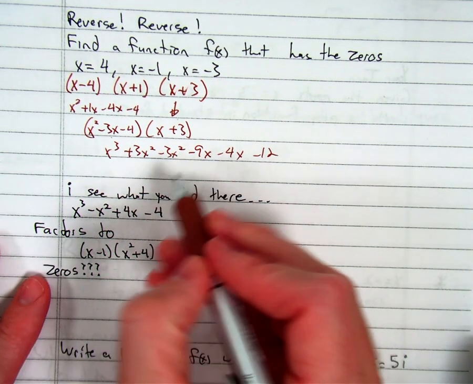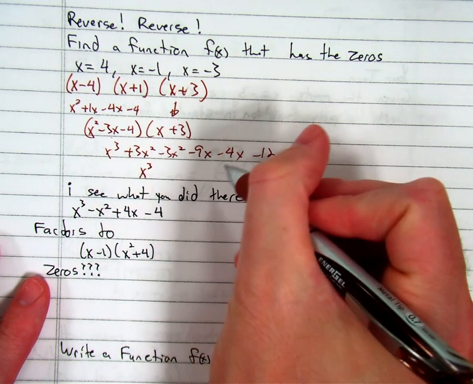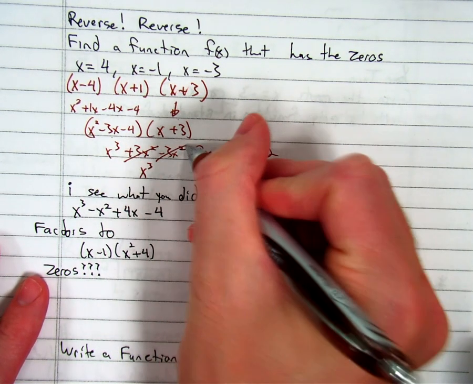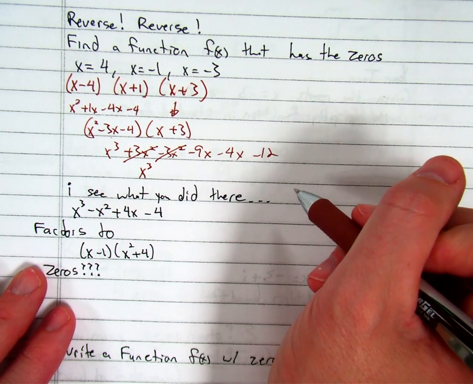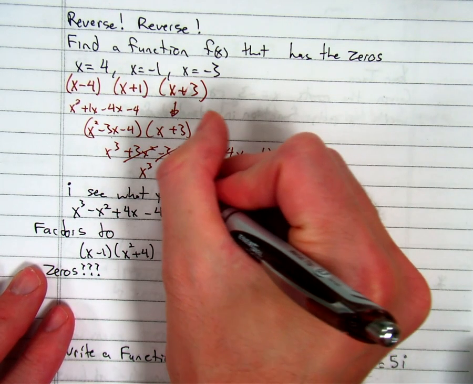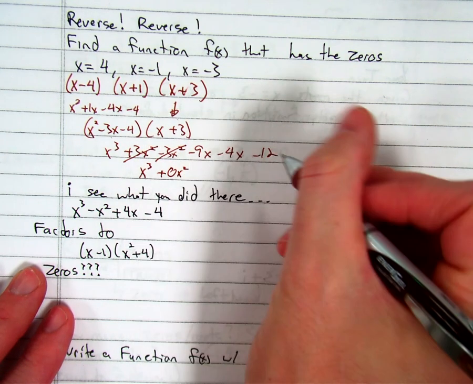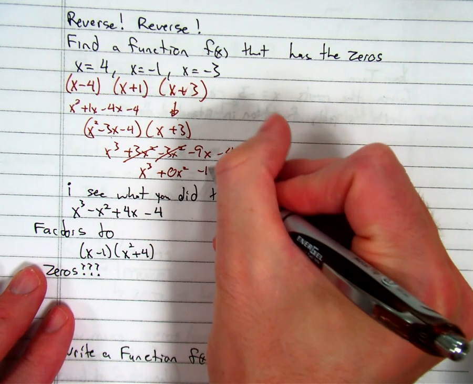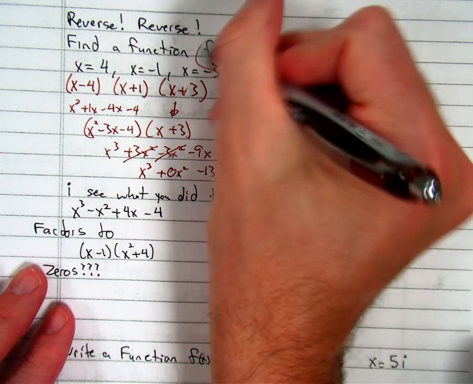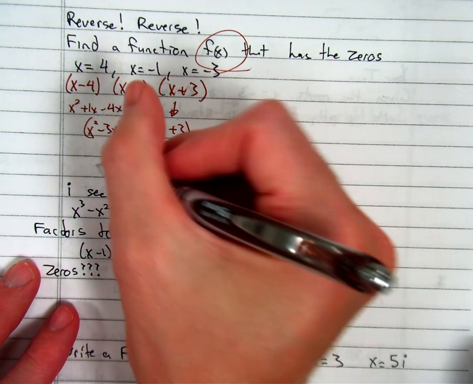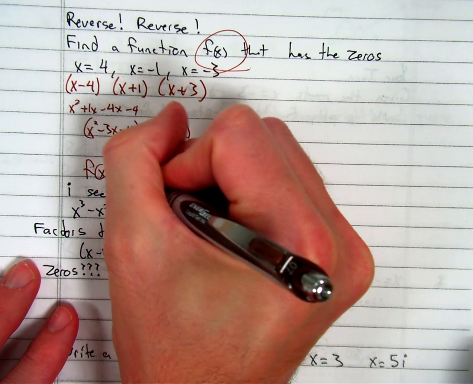And clean this up. We got our x to the third. Plus 3x squared minus 3x squared cancels out. If you want to go plus 0x squared, you can. You don't have to. Maybe we'll do it this time. Minus 13x minus 12. It did say f of x, function f of x, so let's put f of x equals.